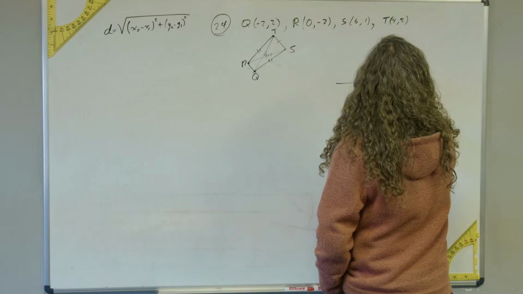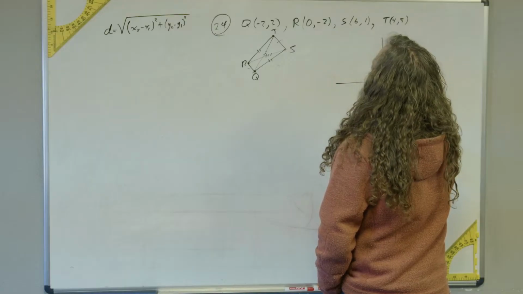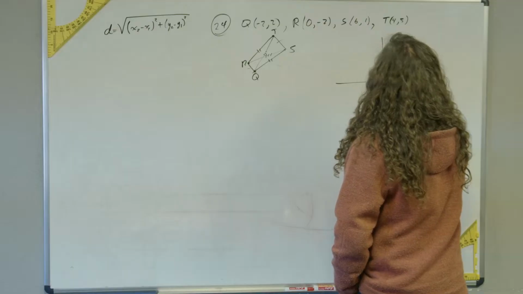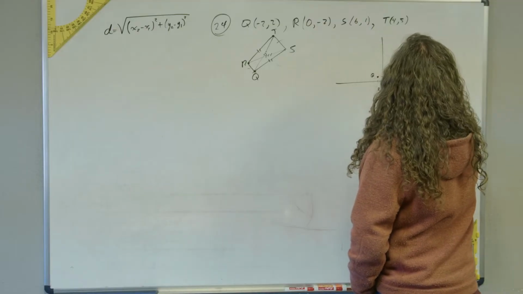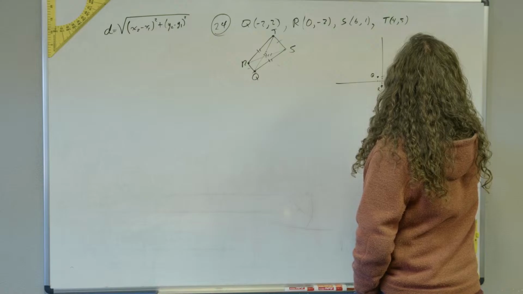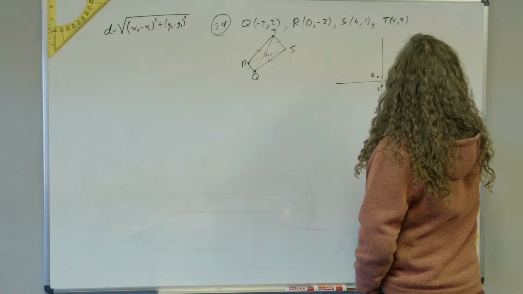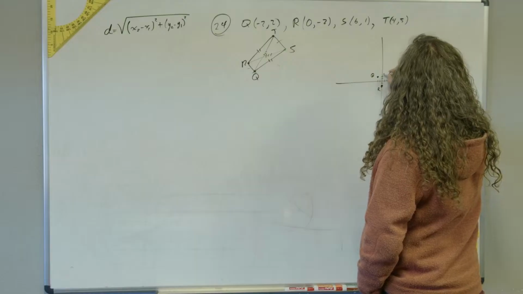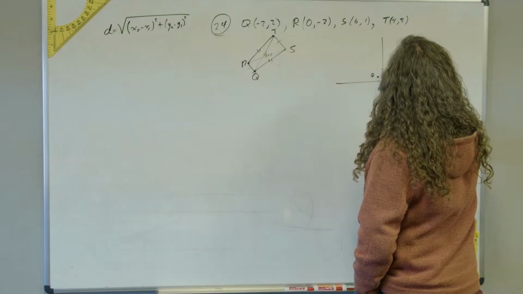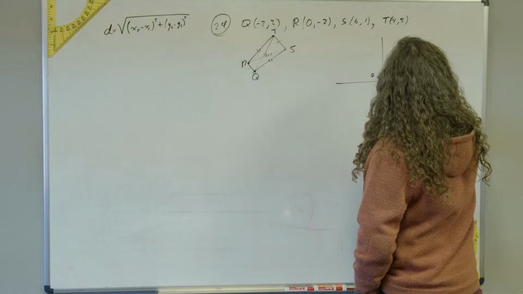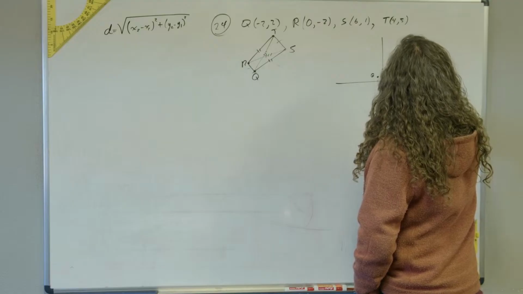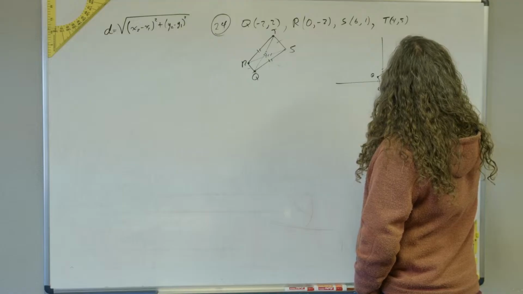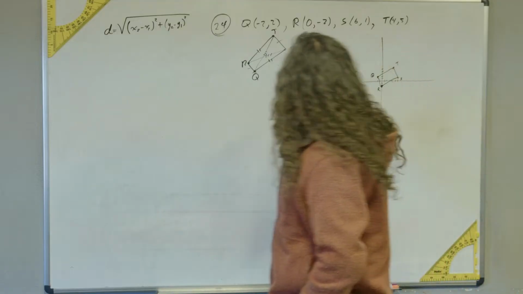I think that's part of what's happening. This is R, and then this is S, and this is T. There we go. Now we can see what's happening, right? So we need to find the distance between Q and T.